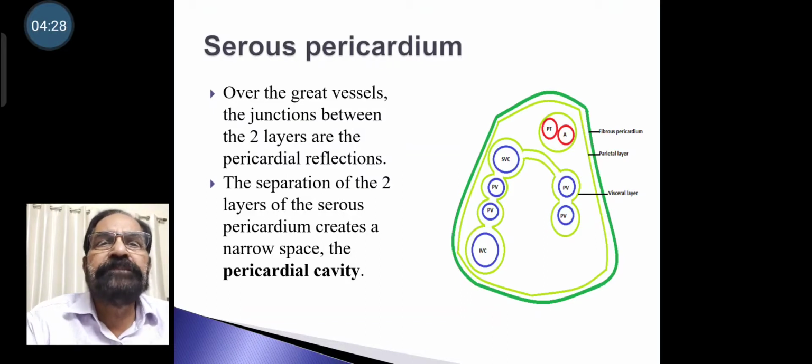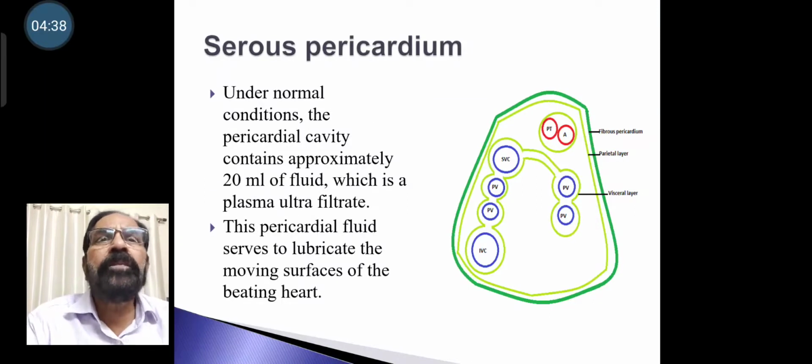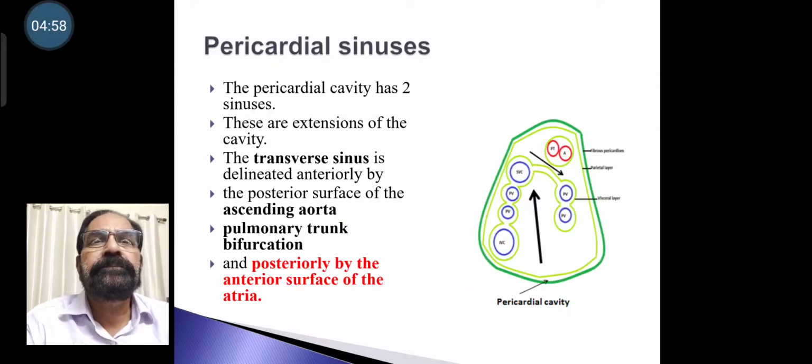Separation of two layers of the serous pericardium creates a narrow space, that is pericardial cavity. Under normal conditions, the pericardial cavity contains approximately 20 ml of fluid, which is plasma ultrafiltrate. This pericardial fluid serves to lubricate the moving surface of the beating heart.